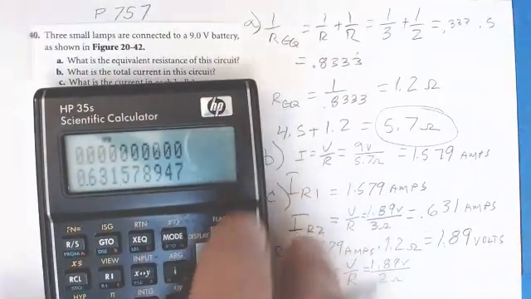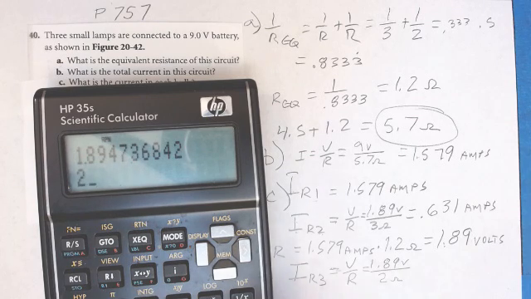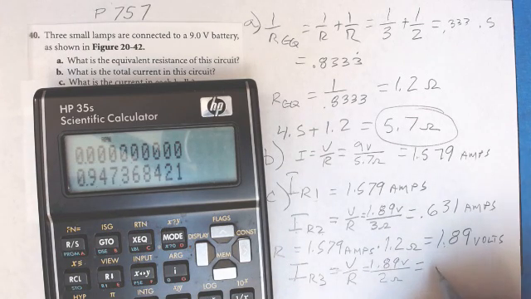So let's see. There's our 1.89 in the calculator, and 2 divided equals 0.947 amps.